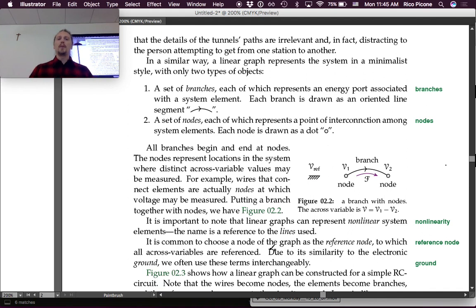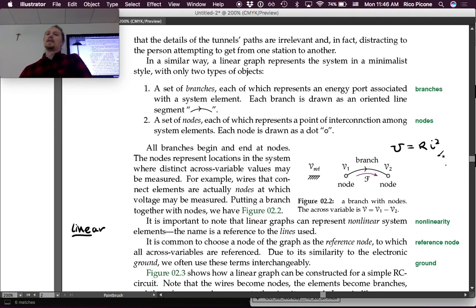Good. It is important to note that linear graphs can represent nonlinear system elements. The name is a reference to the lines used. Linear graph means it's just lines that we're drawing between nodes. Now, these lines could represent an element that has an elemental equation that's nonlinear. So, for instance, it could be a nonlinear resistor, and we'd have V equals R times I squared.